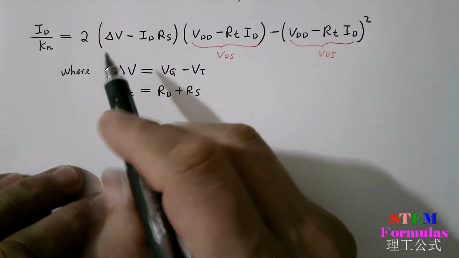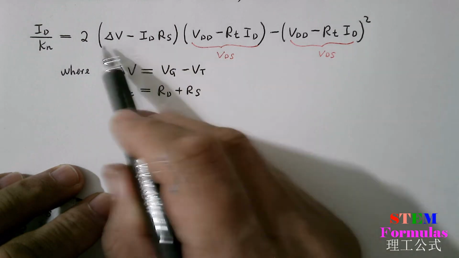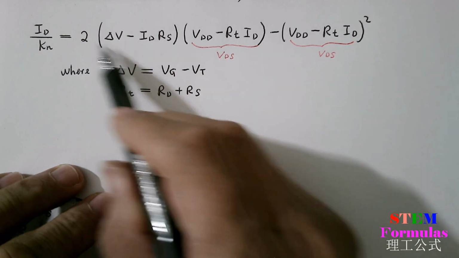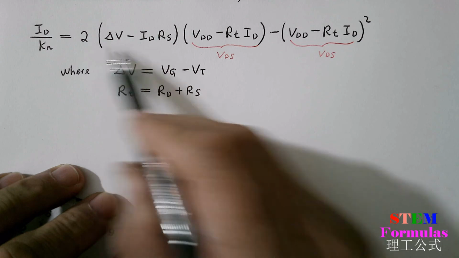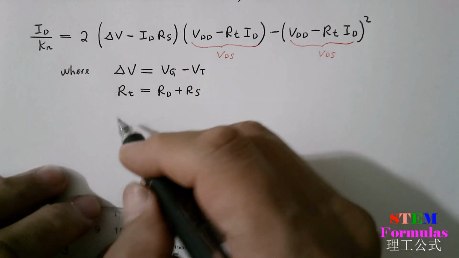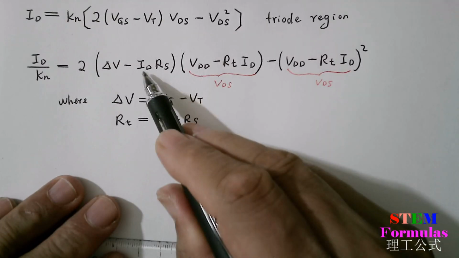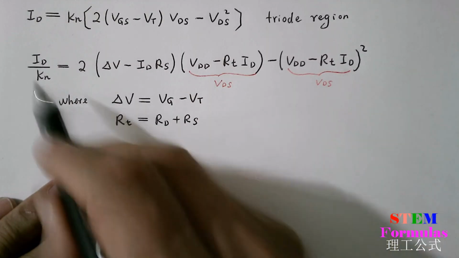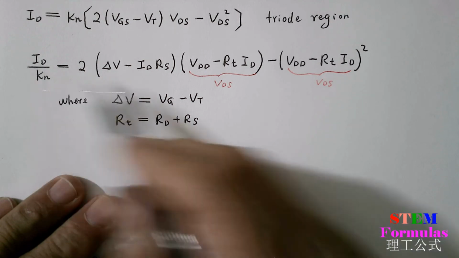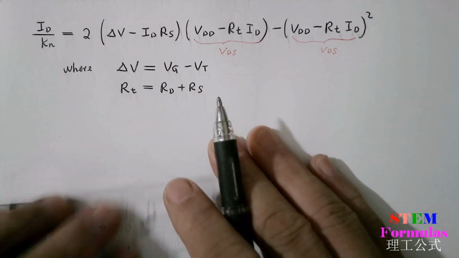Now by the distribution law, I need to multiply everything together. Eventually I want to find what ID is. On the left side I have ID, and here I have so many terms with ID, so I just simplify.